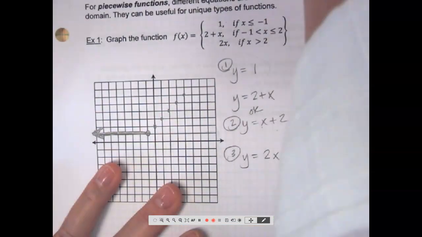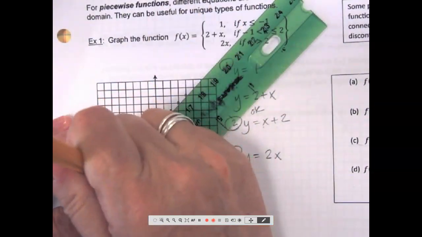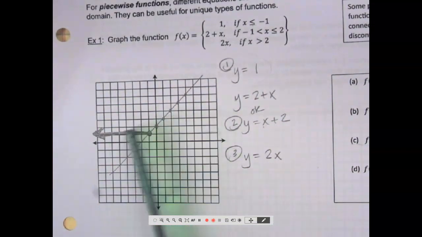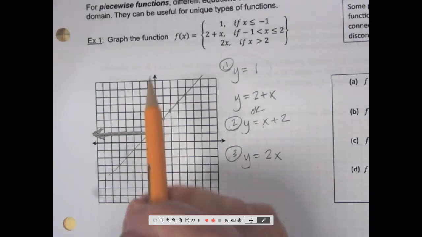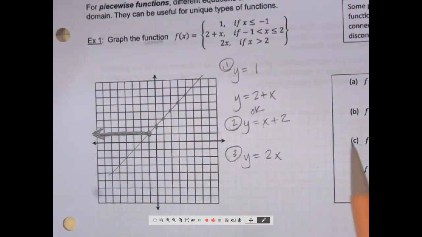And connect. And if I left that as is, that's definitely not a function. And I told you that it was a function up here in the directions, so something's off, right?